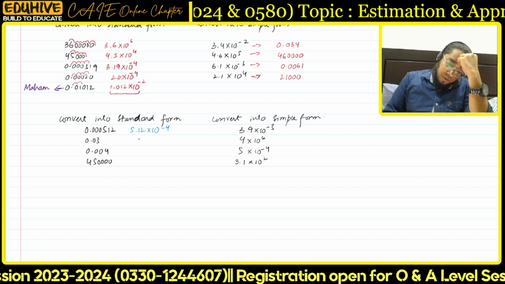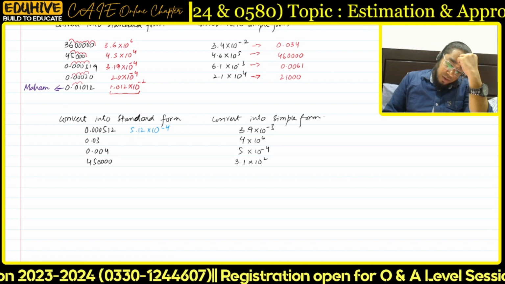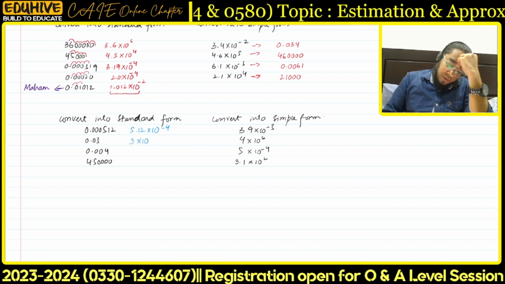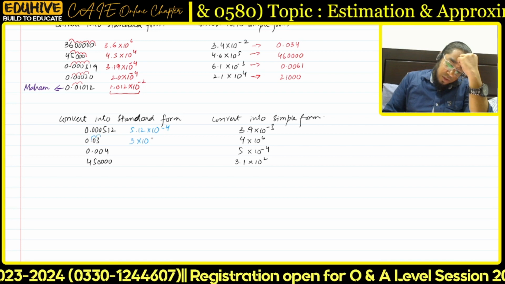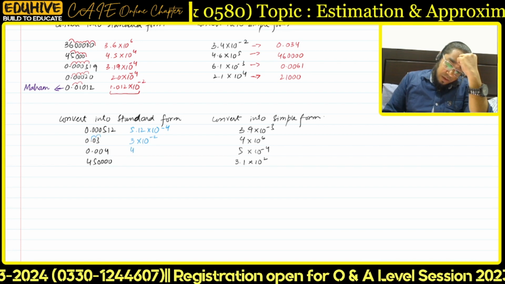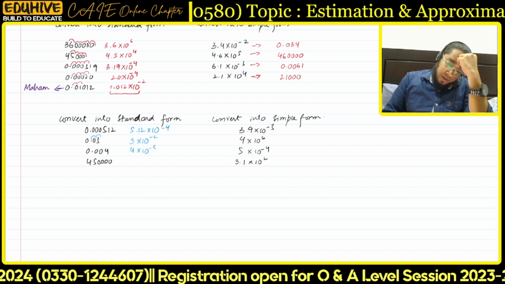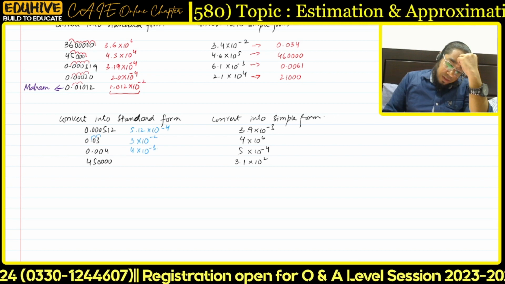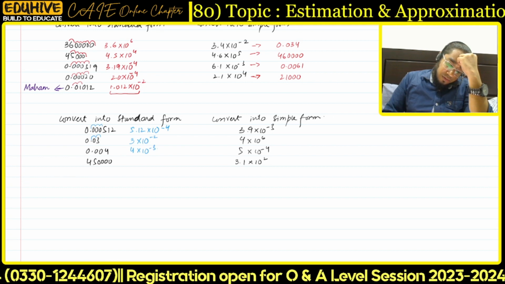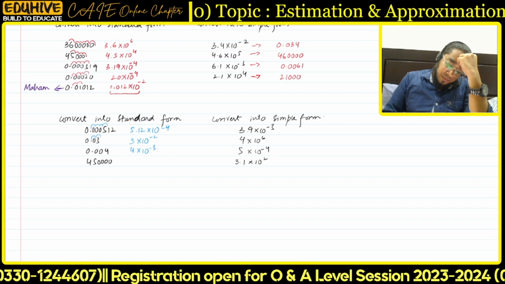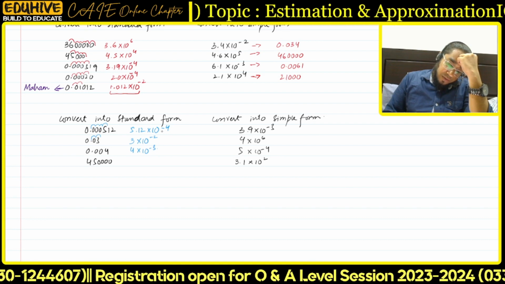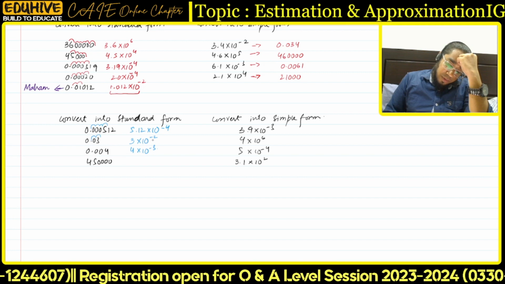Oh, you are just doing it wrong. 3 into 10 raised to the power 1, 2. That's going to be minus 2 over here. And 4 into 10 raised to the power minus 3 over here. But I just mark the jumps of the decimal. 1, 2, 3, 4. That's going to be minus 4. And that's 2. That's going to be minus 2.